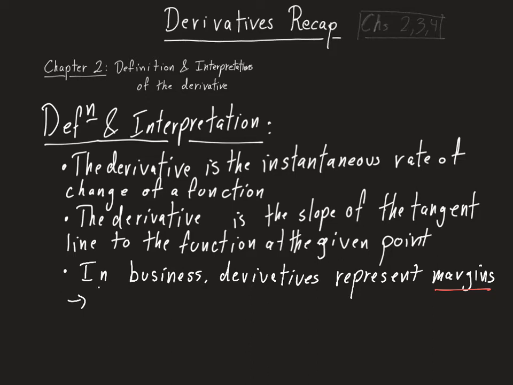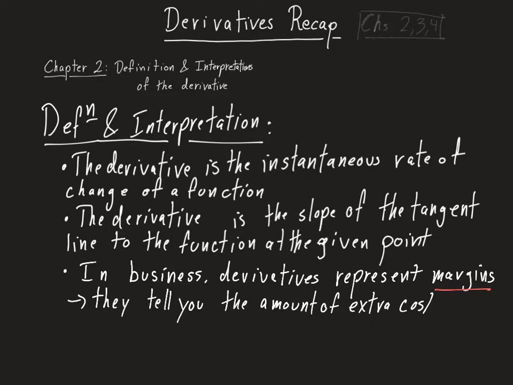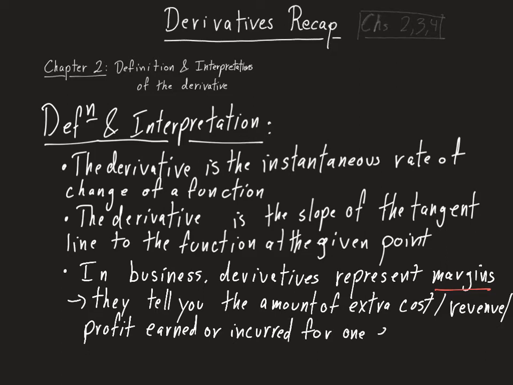And basically what these tell you is the amount of extra cost, slash revenue, slash profit earned or incurred for one extra unit produced.